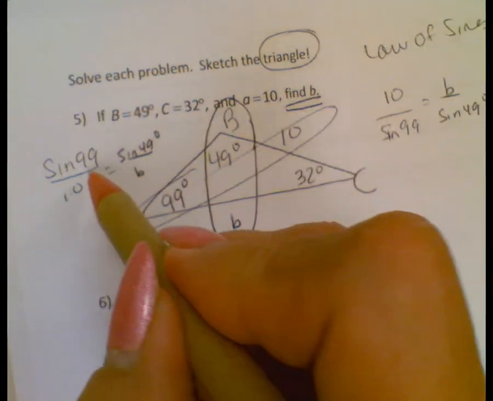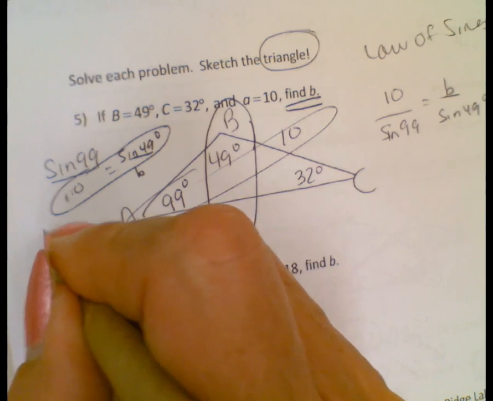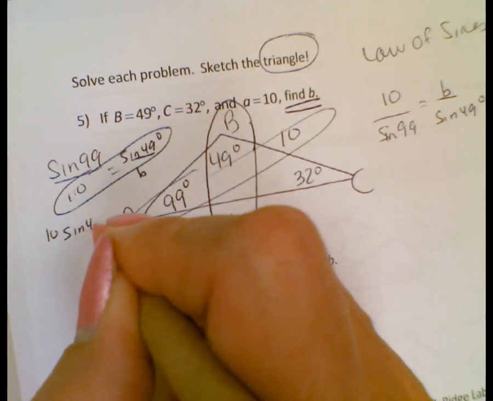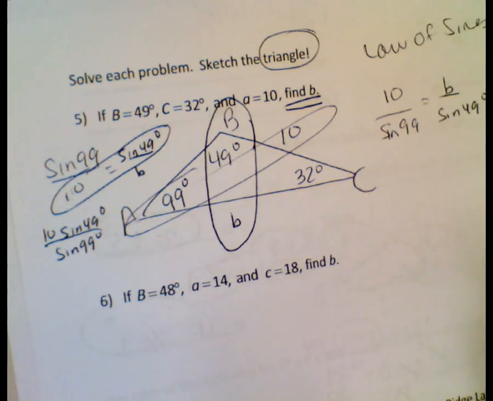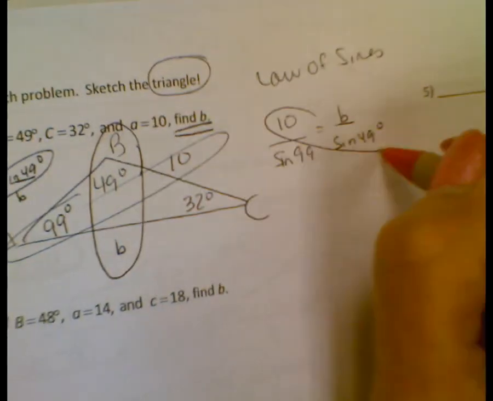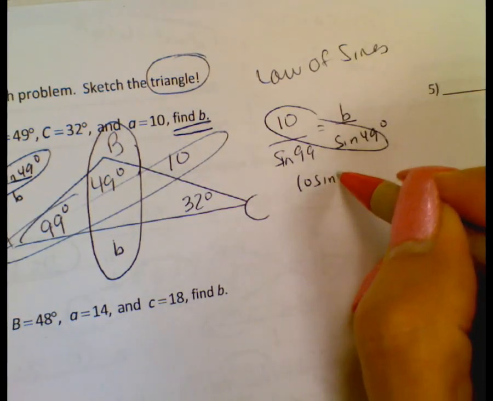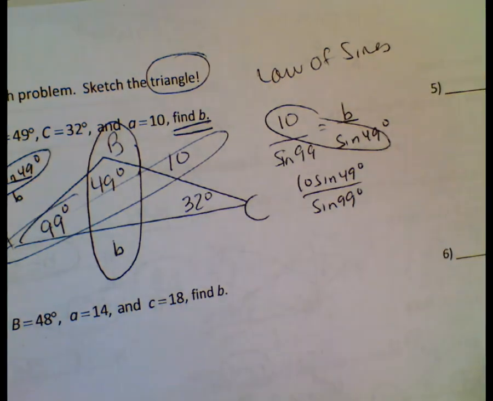So first period, start by cross multiplying these two. 10 sine 49, and then you're going to divide by sine 99. If you're in the other classes, it's this, 10 sine 49 divided by sine 99. Isn't that the exact same thing?